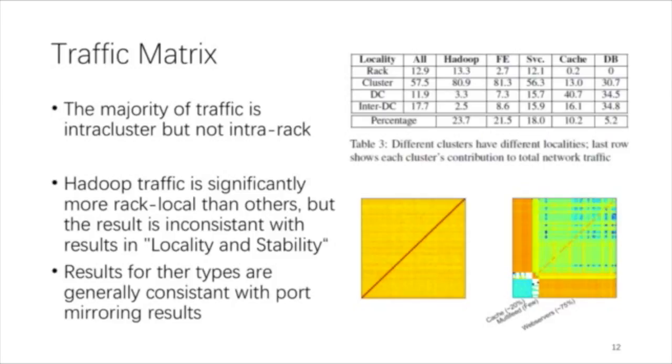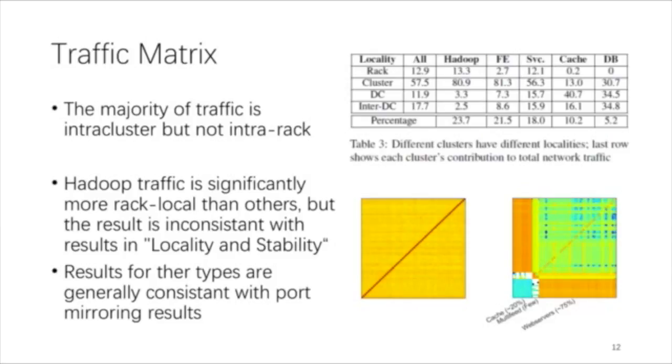So we can see the majority of traffic is intra-cluster but not intra-rack. This is a little bit different from the previous results. So Hadoop traffic is significantly more rack local than others, but the result is inconsistent with the previous result.